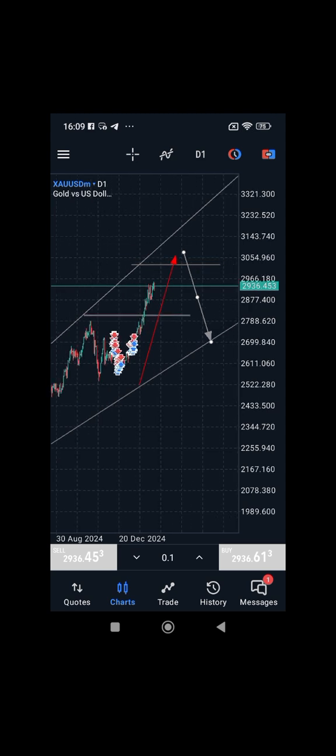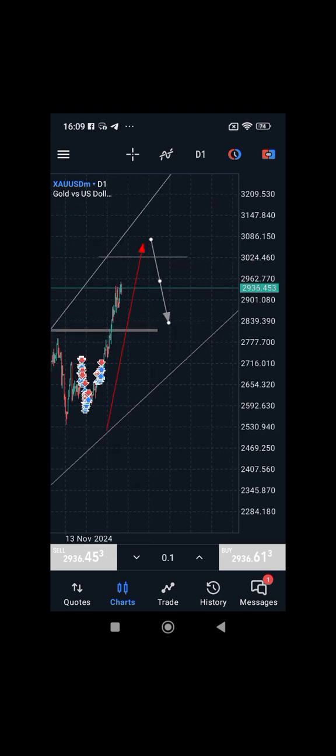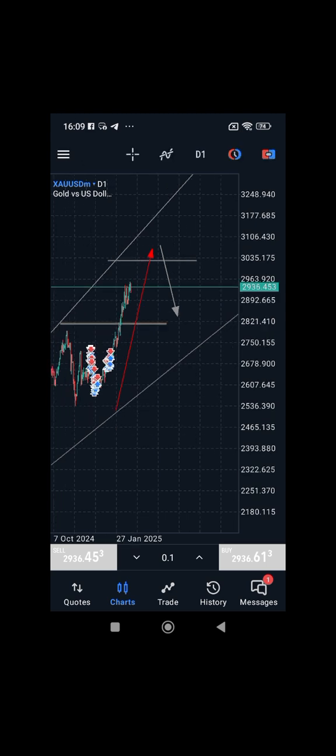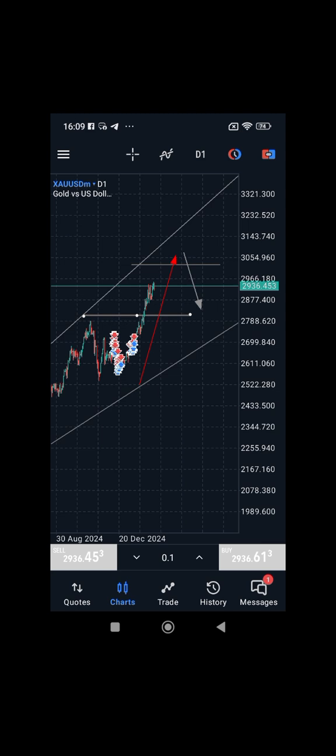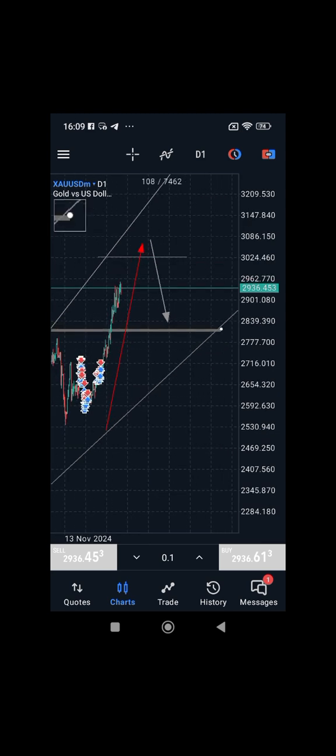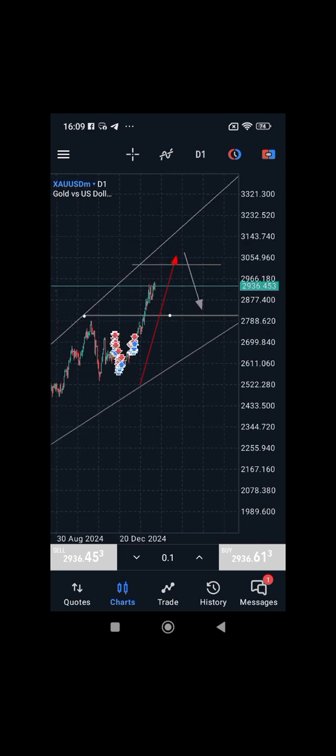It's possible to have a drop from this point, and we can have a drop from this point. But remember that the market is possible to come right to this point here.